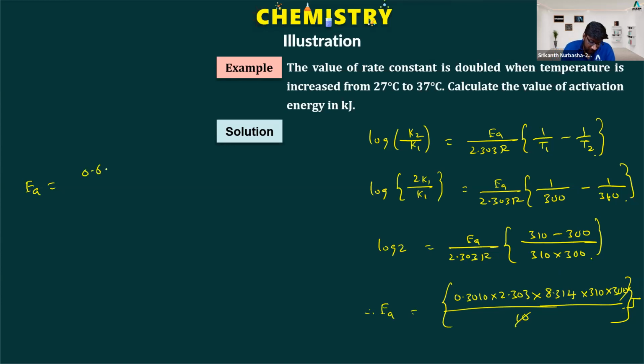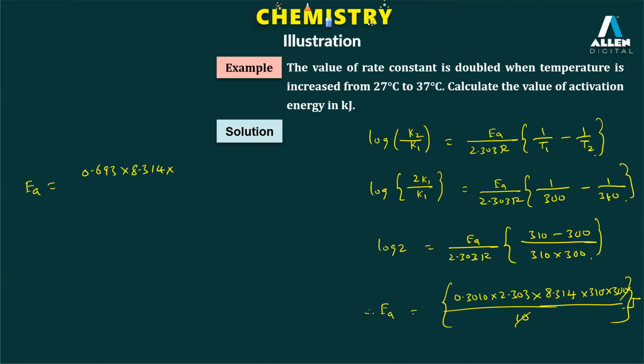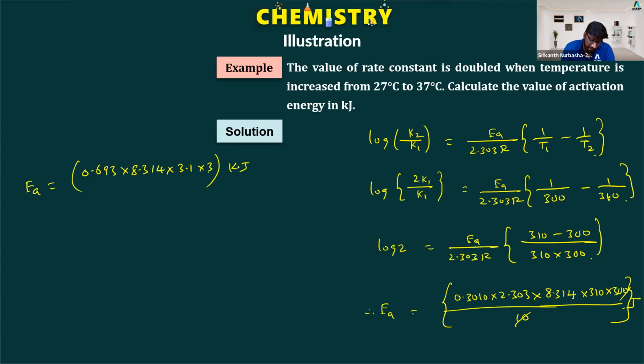So 0.693 into 8.314 into 310 into 30, giving about 53.1 kilojoules. Can I write like this? I have to divide by 1000, no?